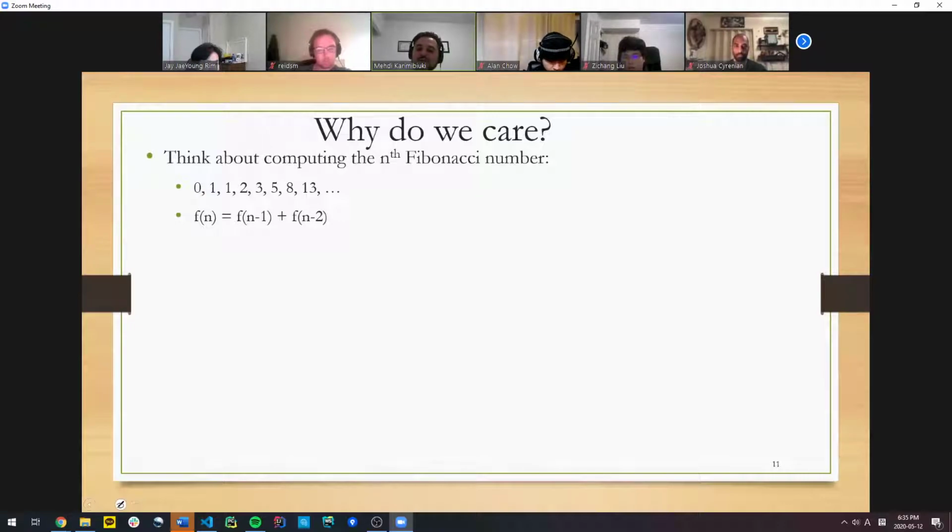That's a recursive call there, because we are calling the function itself, and the function is fib. So this is our function. We're calling the function itself, but this time with n minus 1 and n minus 2, and we're just adding them together. Okay, so this is the algorithm for the Fibonacci number. That's a Java implementation of it.